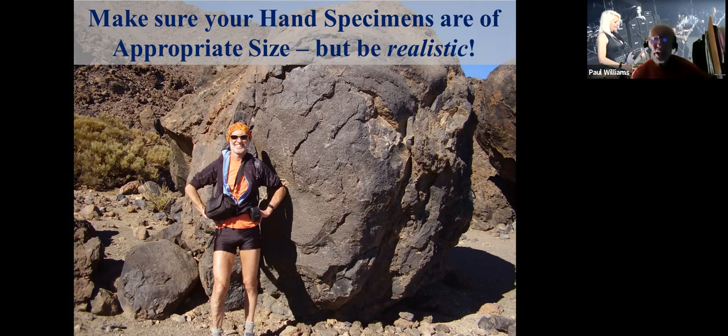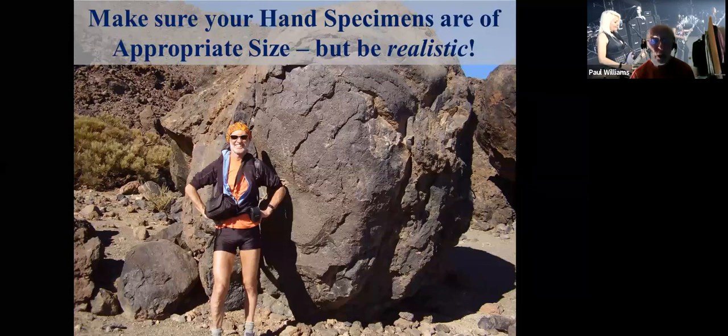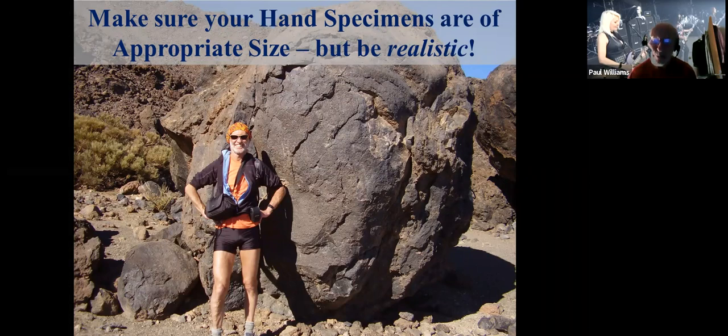To which I would say, well, how common is this black bit that you've found? If you've got a big sample and only one tiny little bit of this black thing, then you can get some idea about it being not very significant. Whereas if you've only got a tiny specimen and there's that little black thing in there, then that black thing could be quite significant. So there is an issue about the size of the hand specimen that you need to be aware of.